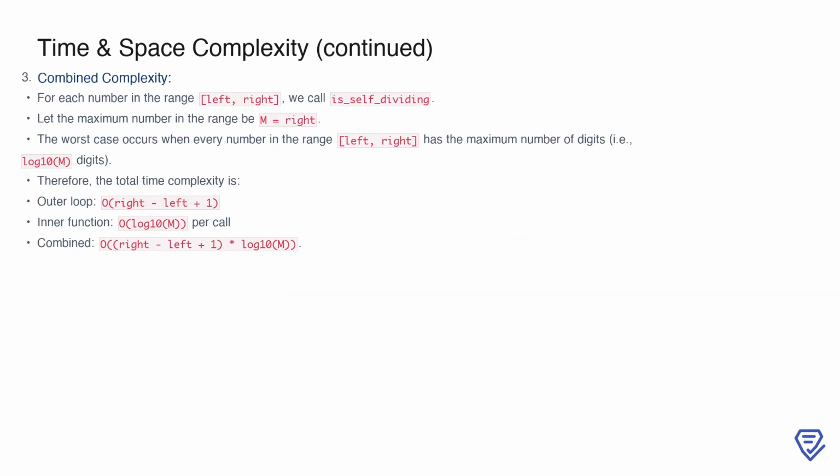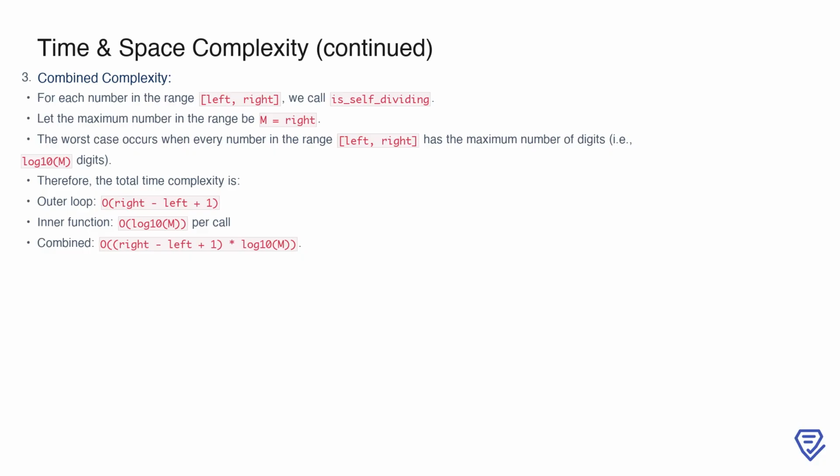Now, let's combine these components to calculate the overall time complexity. For every number in the range, left, right, the is_self_dividing function is executed. Let's consider the largest number in the range, denoted as m equals right, which has the highest number of digits. In the worst case, every number in the range has the same maximum number of digits, which is log 10 m.